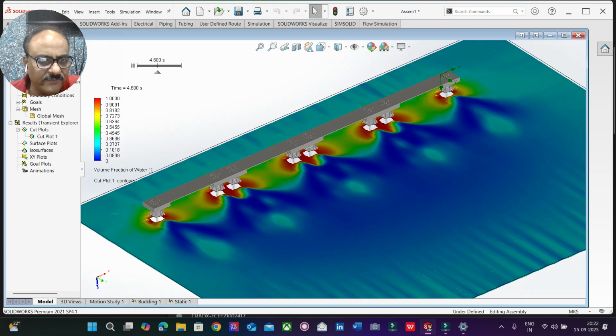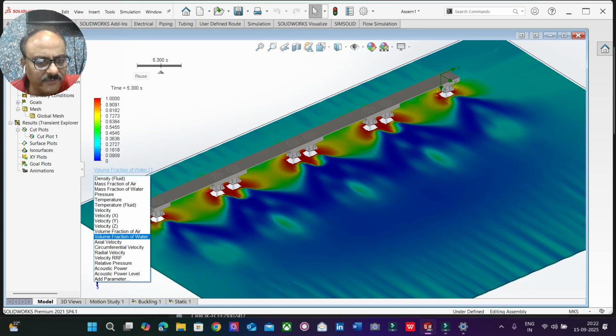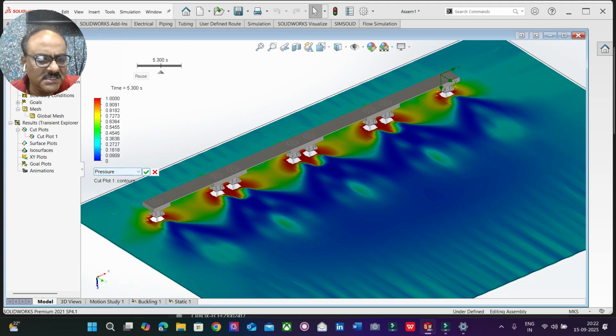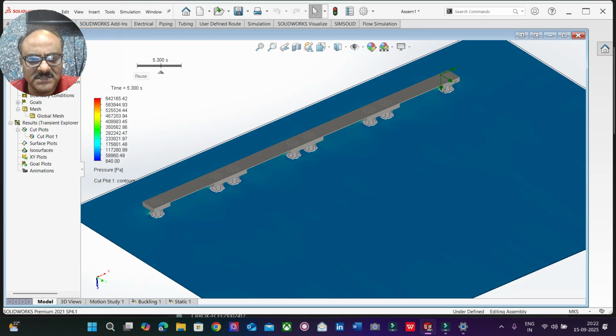So now once we have determined the volume fraction of air and volume fraction of water, let's try to find out what is the change in pressure, if there is any difference in the pressure. So there is not much difference. This is how the pressure variations are going to take place. Here it is about 546 Pascal.